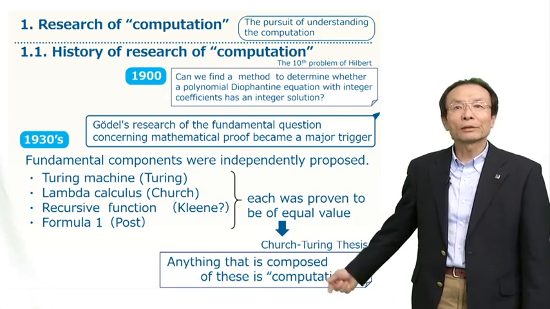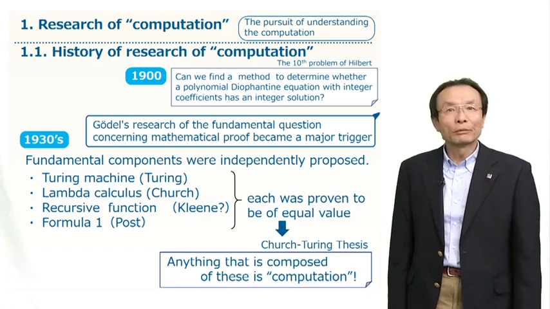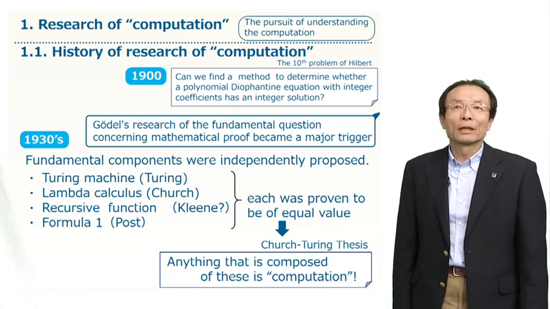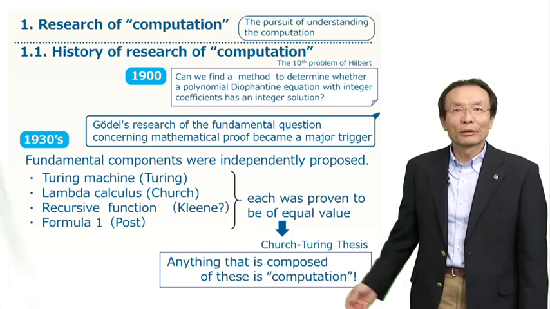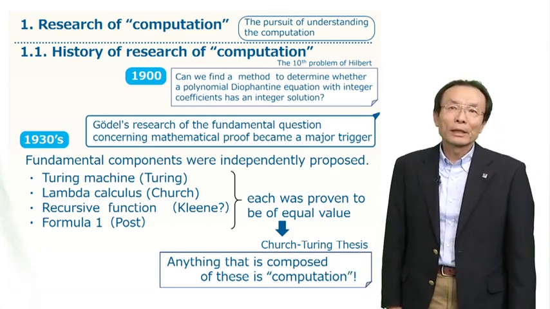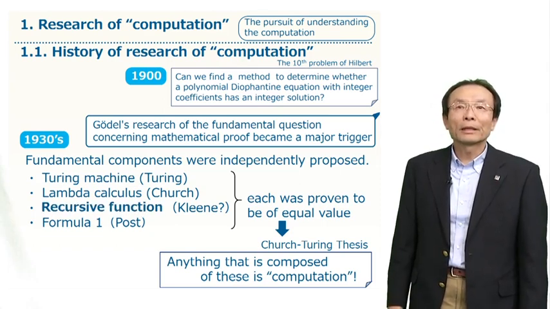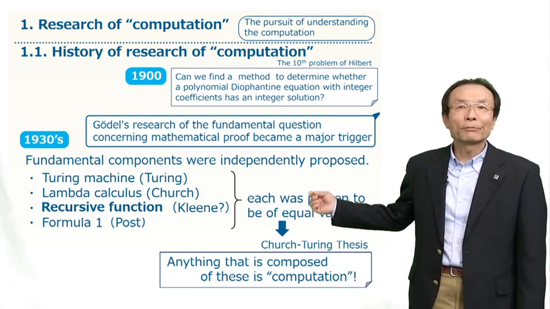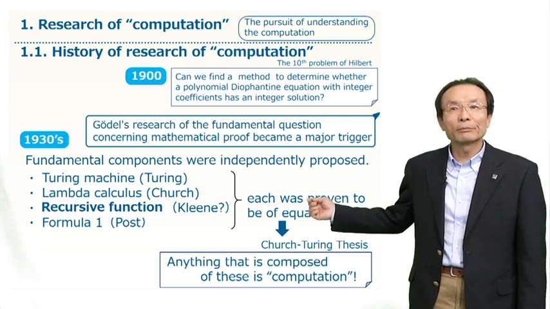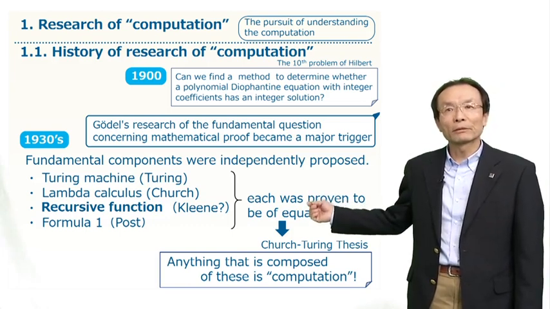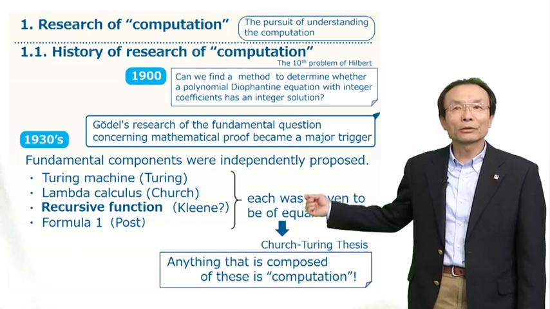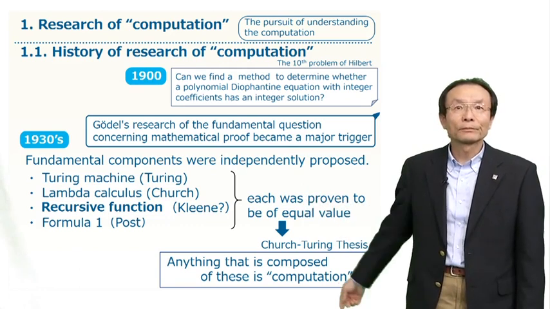This is because it is not something that is provable, but a suggestion to define the notion of computation by any of these models. So, of course, if there is a new way to compute, then this thesis should be overwritten. By the way, our claim, that is the idea of using +1, -1, and the simple repetition for fundamental components of computation, is similar to the notion of recursive function.